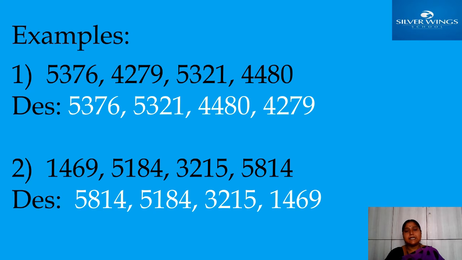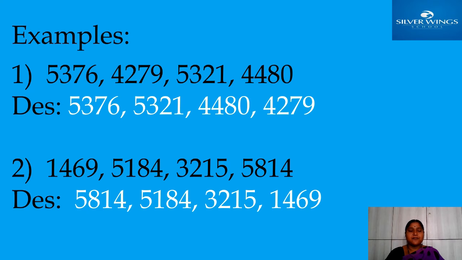Go to the third digit, that means the tens place. In the first number there is 7 in the tens place. In the third number, 2 is there in the tens place. Then which is the big number, 7 or 2? Yes, 7 is the big number.